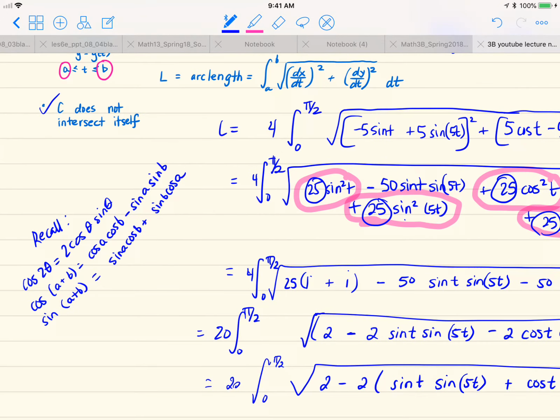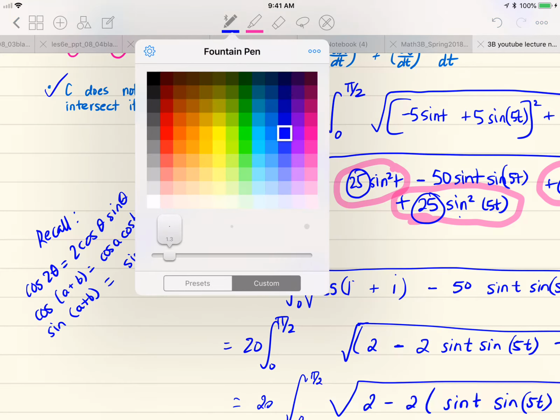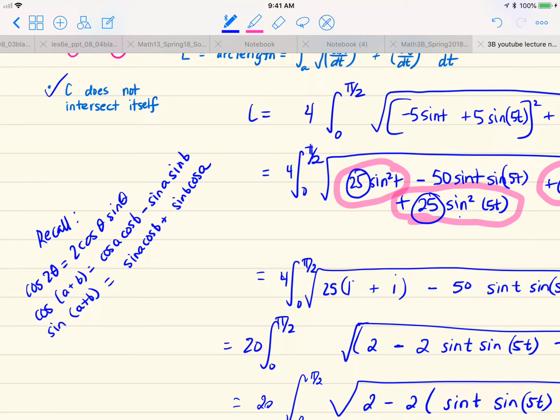The key here is to remember that we can use the sign of our trig functions to say that cosine of a minus b is going to be cosine a cosine negative b minus sine a sine negative b, right? But now cosine is an even function, so cosine of negative b is the same as just cosine of b.